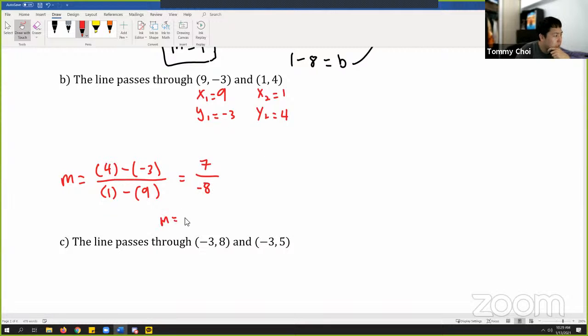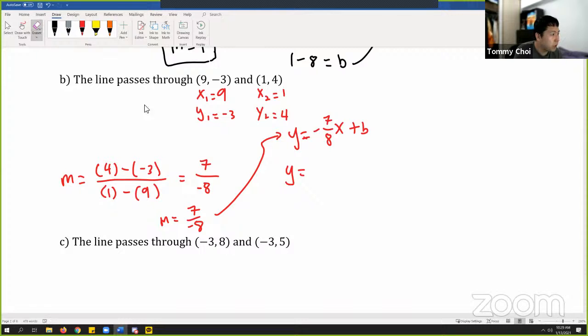So my final slope is 7 over negative 8. We plug that into our formula, which we can just write as negative 7 over 8, x plus b. Doesn't matter where the negative goes in a fraction. If there's a negative, you just put it anywhere. Then, we sub in one of the 2 points.